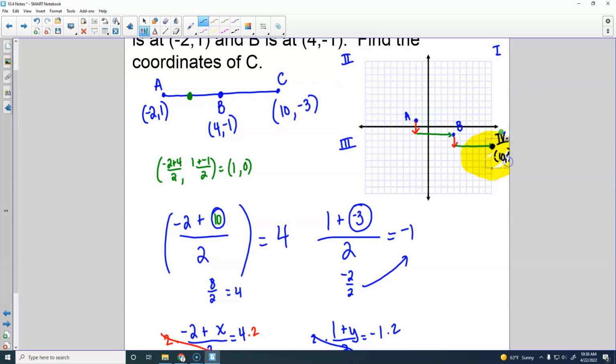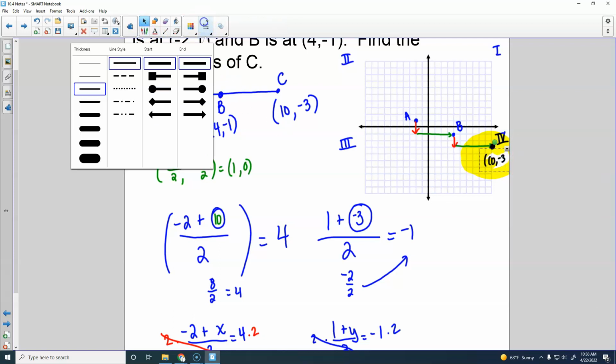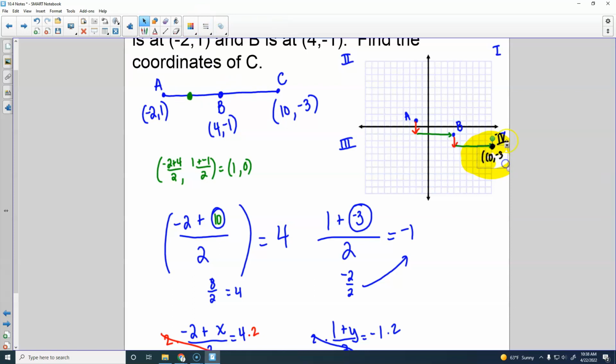Oh, negative 3 ran off the graph there. Okay, so that's an option.